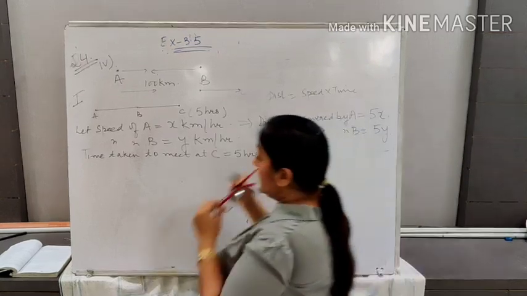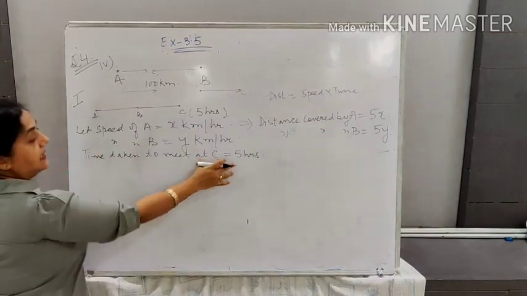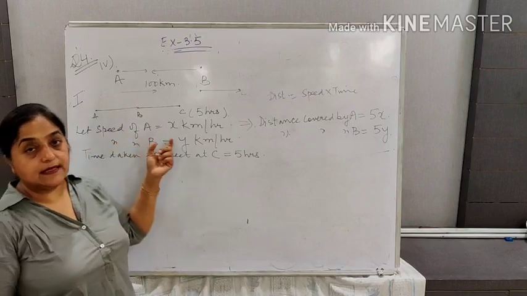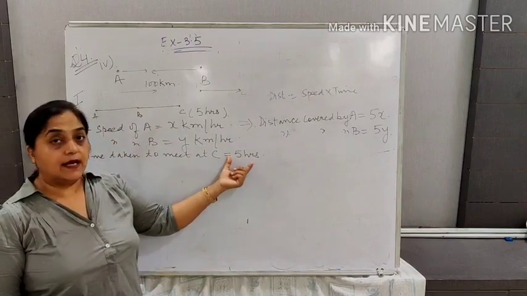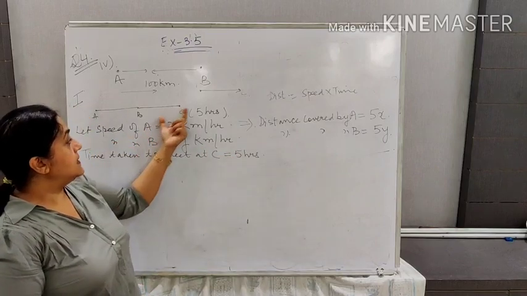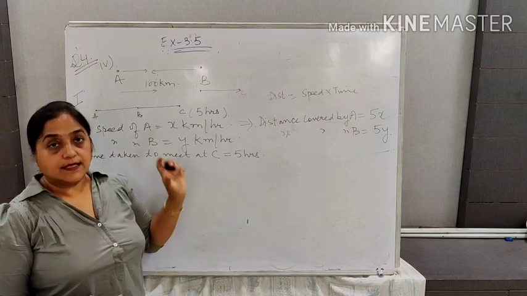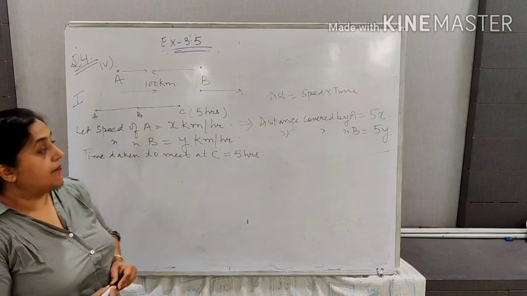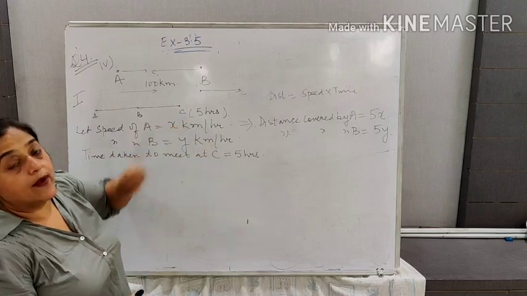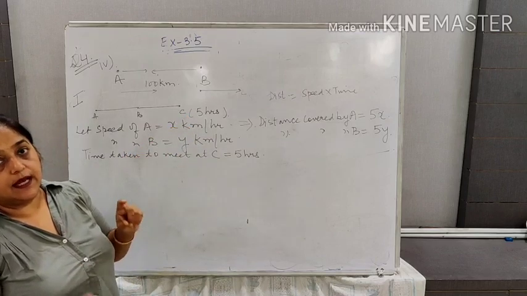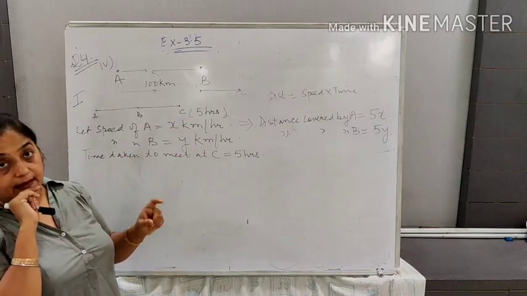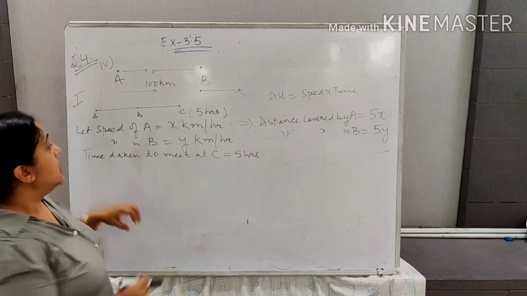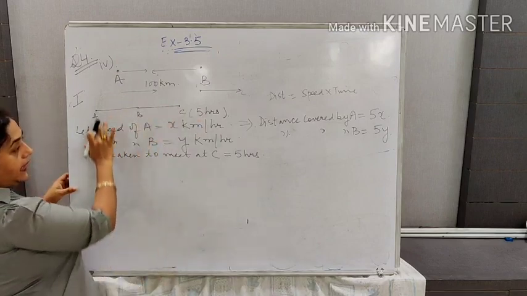Please see to this. Time taken to meet at C is 5 hours. That means A has driven the car for 5 hours. Similarly, B has driven the car for 5 hours. They have met each other after 5 hours, so they reach point C. After reaching point C, the time taken was 5 hours. So what is the distance covered by A?